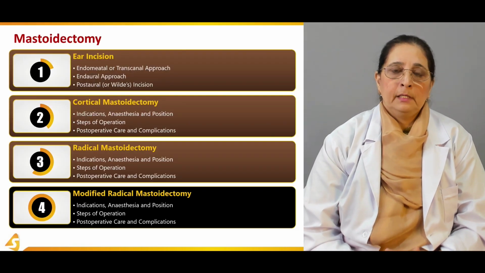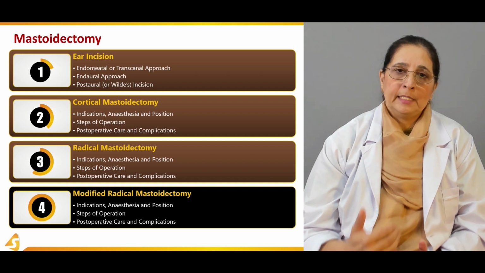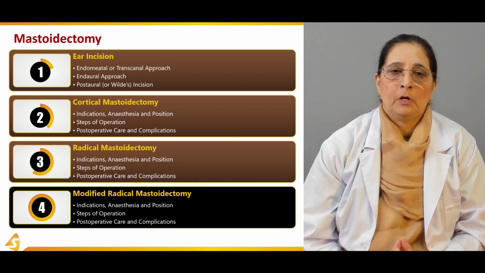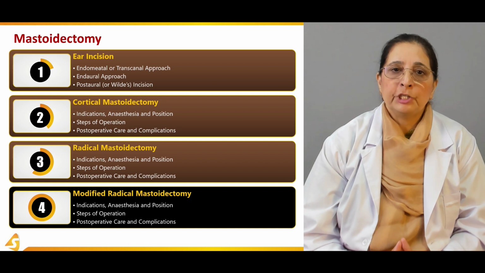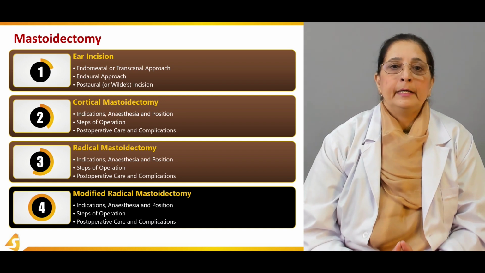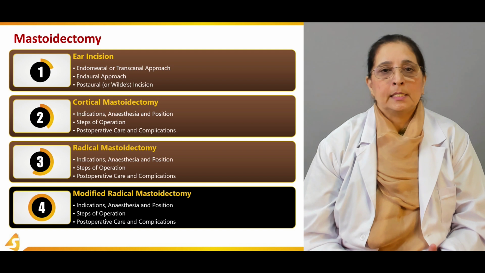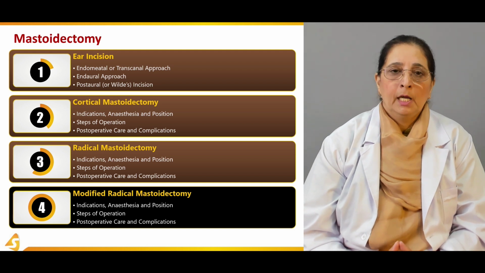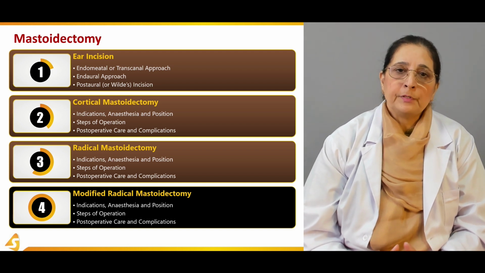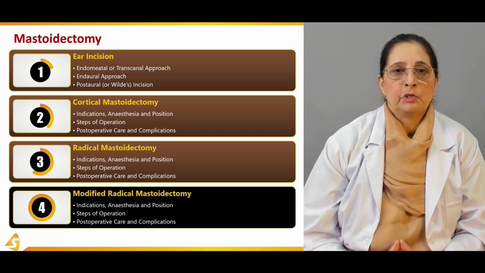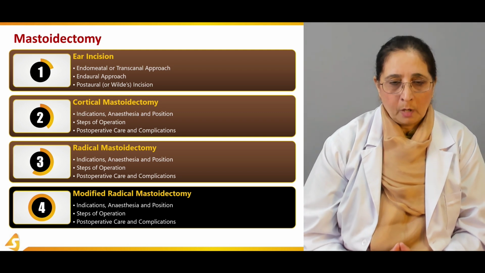And as in the previous two sections, in this section also we will talk about all the indications of modified radical mastoidectomy, anesthesia, position, then what are the steps of operation and post-operative care and complications.